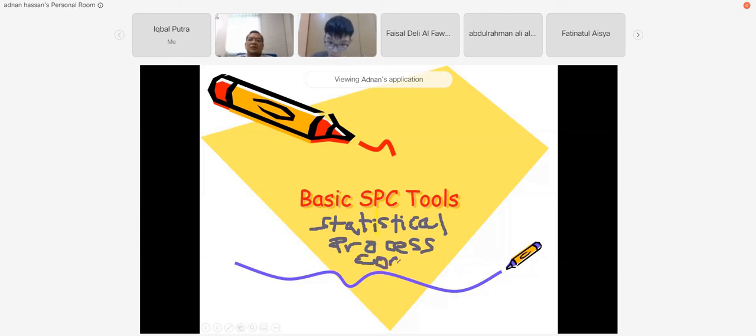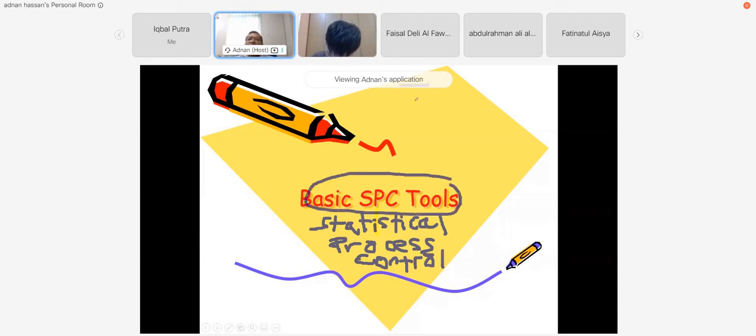Statistical process control tools, basic SPC tools. Sometimes people call these TQM tools. It doesn't matter the term they use, they are referring to the same thing. TQM basic tools, some people also use it.